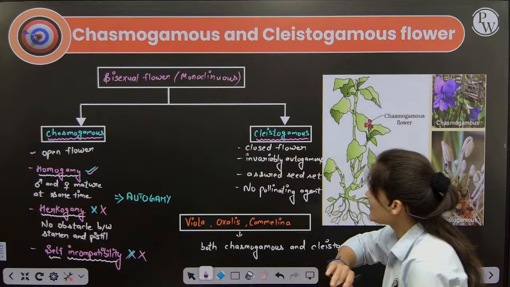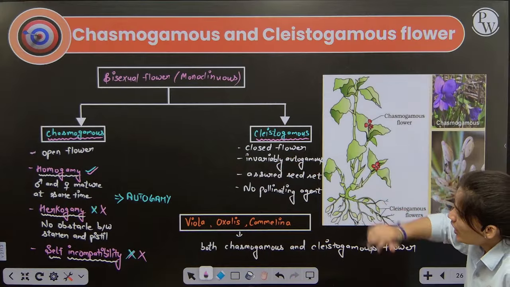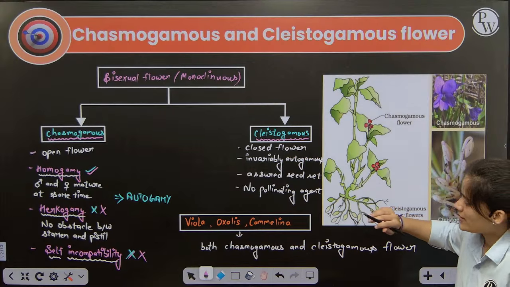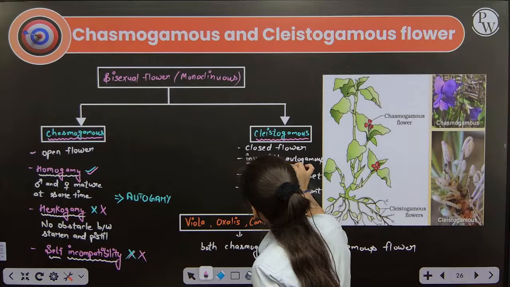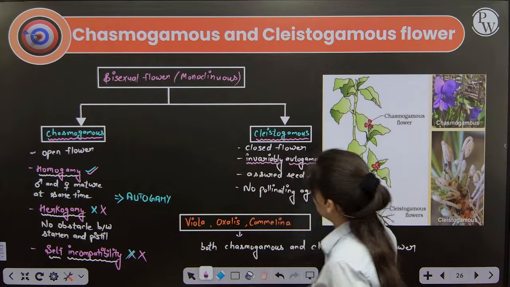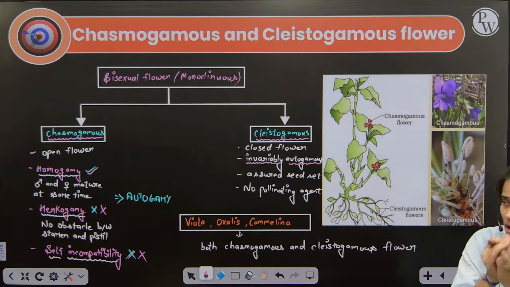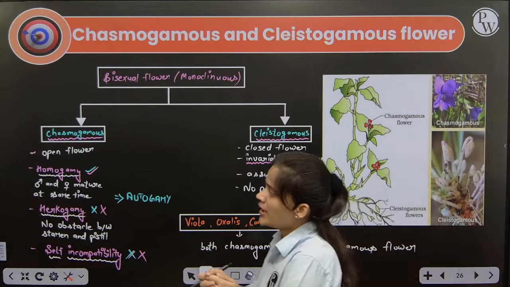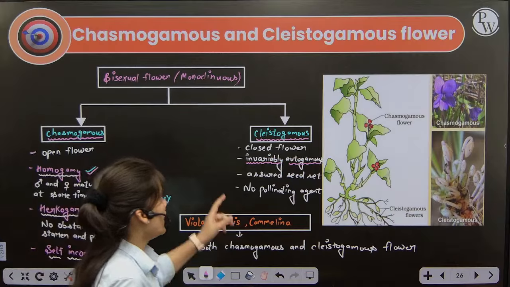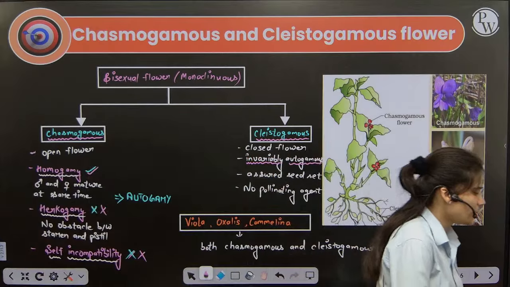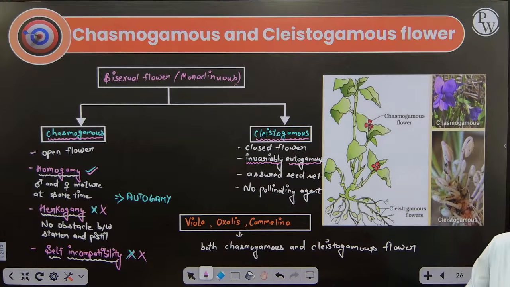Now, cleistogamous flowers. Cleistogamous flowers are closed flowers, or we say these are invariably autogamous. Why? Because in closed flowers, the male and female parts are present within that flower, and as they are closed, the chances of autogamy are maximum.